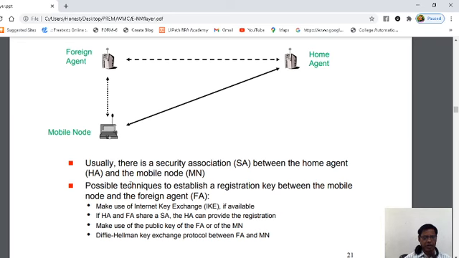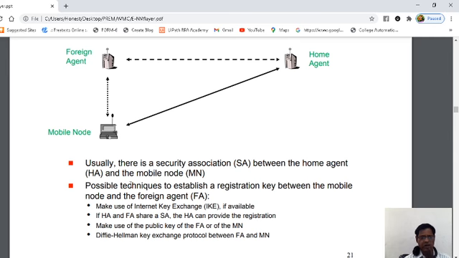The Diffie-Hellman algorithm is used, along with the Internet Key Exchange. If the home agent and foreign agent share a security association, then the home agent can provide the registration key, making use of the public key of the foreign agent.